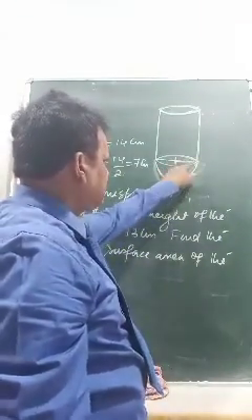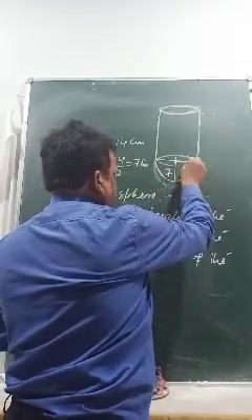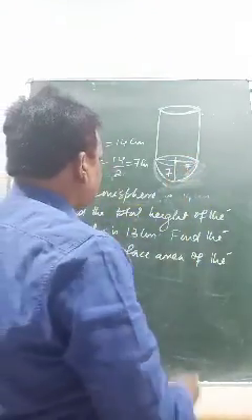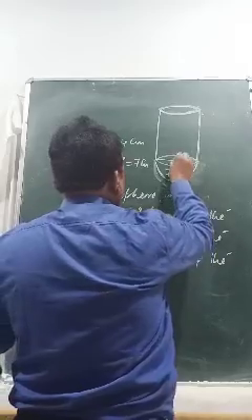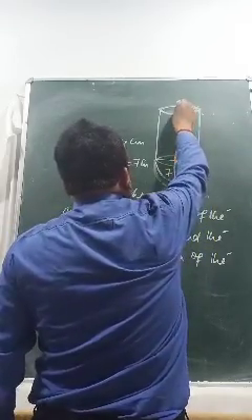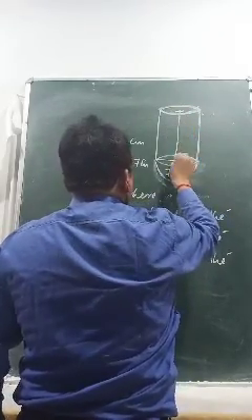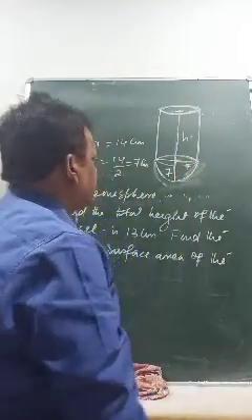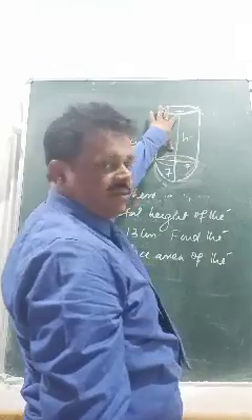This is 7. This is also 7. Radius now. Now total height. Total height means here to here. So this part is what? This part is height of the cylinder.